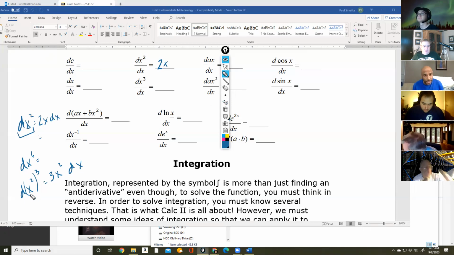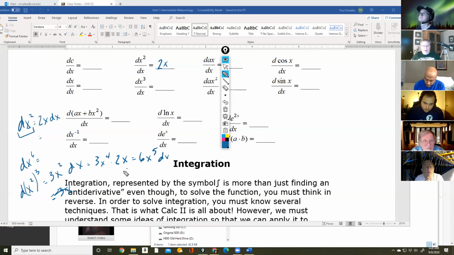And we're saying that this function here is x squared. So it's going to be 3x to the 4th, because that's this x squared function squared, times the derivative of x squared, which is 2x, which makes 6x to the 5th, times the derivative of whatever x is. So I just want you to see how I can break things apart into simpler functions, and just keep this in mind.